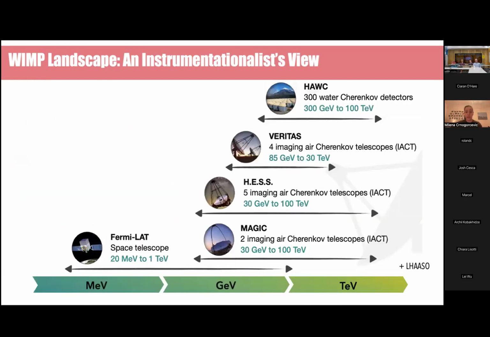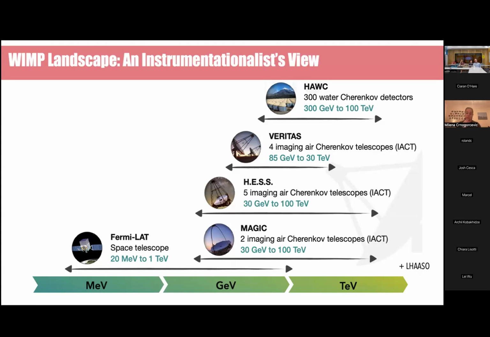Fermi is so unique. Here I show you the energy range of the different gamma ray observatories. Fermi is so unique that it is the only instrument that covers the low MeV to tens of GeV sky.